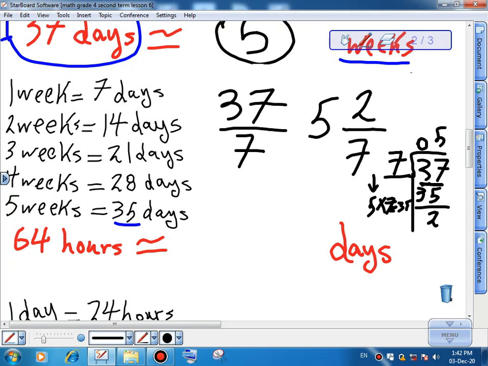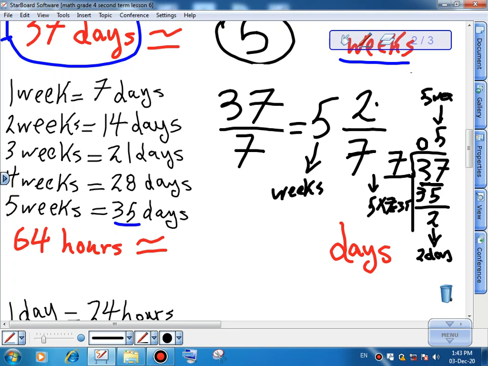We have only 5 as the whole part, which is the number of weeks. We have 5 weeks, and the fraction is 2 days of the 7 days of the week. Again, the remainder here is 2 days, but the quotient is 5 weeks.